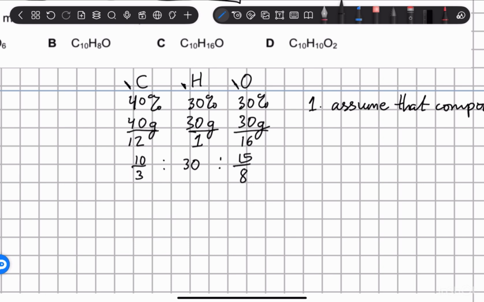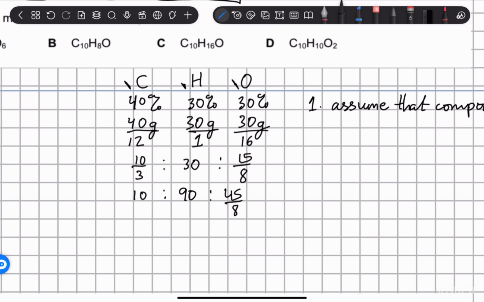Some people like to do this by multiplying, like let's say we multiply this whole ratio by 3, and then you would get 10, 90, and then 45/8, if I'm not wrong. That's basically what some people like to do.